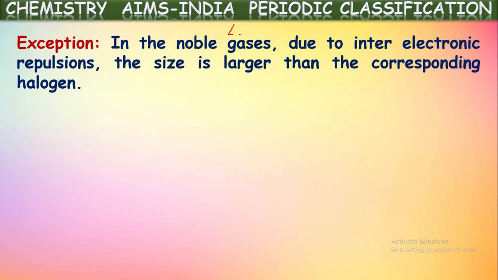For example, if we say for second period elements, lithium, beryllium, boron, carbon, nitrogen, these are all elements we have seen till now. Oxygen, fluorine, neon, isn't it? Now, atomic size decreases gradually from lithium to fluorine, but it increases again to next element, that is neon, noble gas element, because we know these noble gases are having completely filled outermost shell.